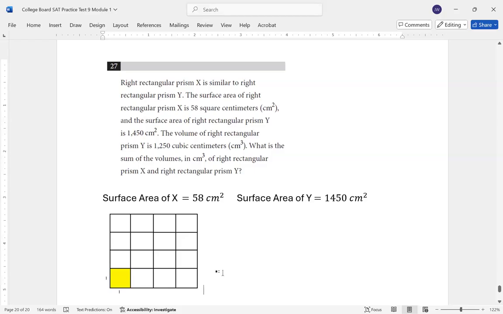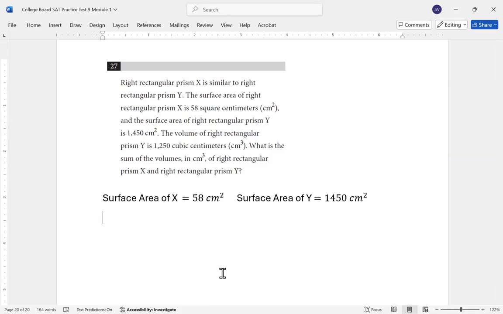So if we're looking at the ratio of the surface area, what we have there is 1450 divided by 58.